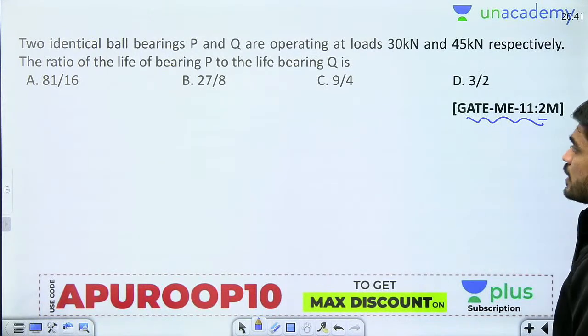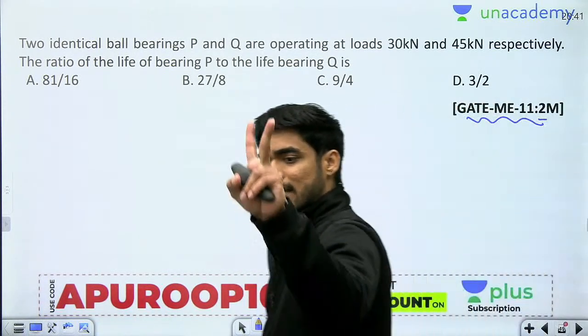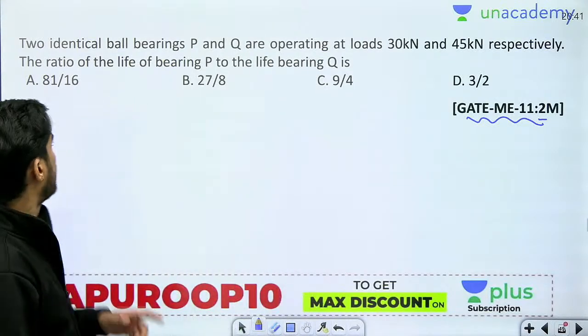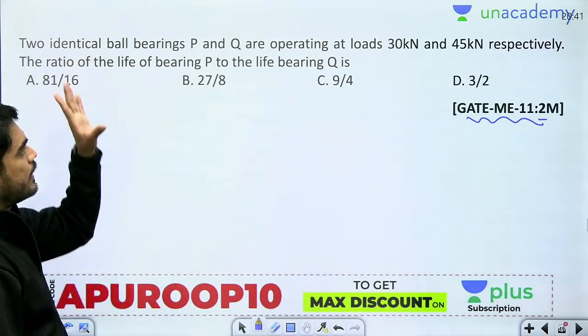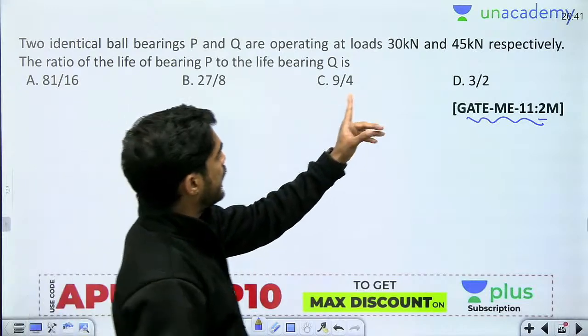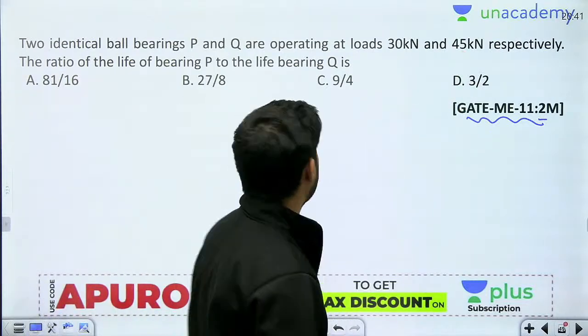This is from GATE 2011, 2 marks question. Okay, understand: 2 identical ball bearings P and Q are operating at loads 30 kilonewton and 40 kilonewton.